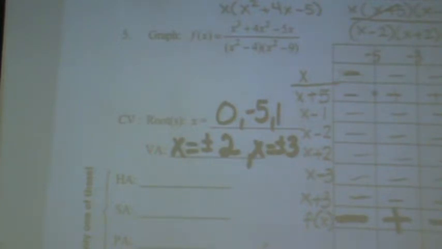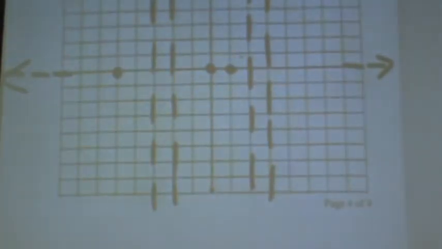How many degrees are in the bottom? It's 4, so it's bottom heavy. So this one has a horizontal asymptote of y equals 0.